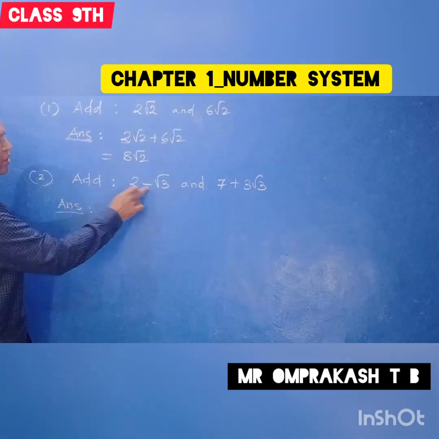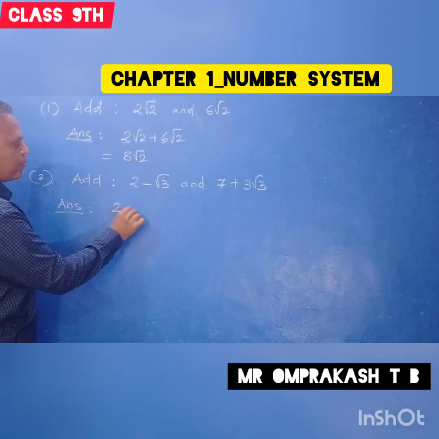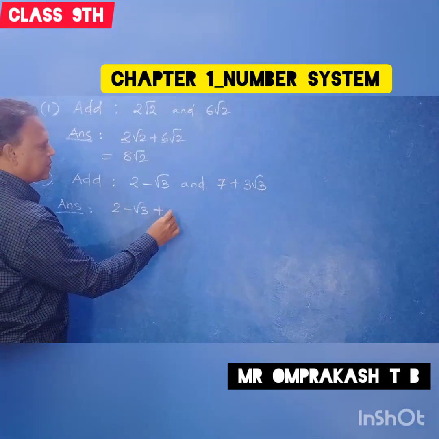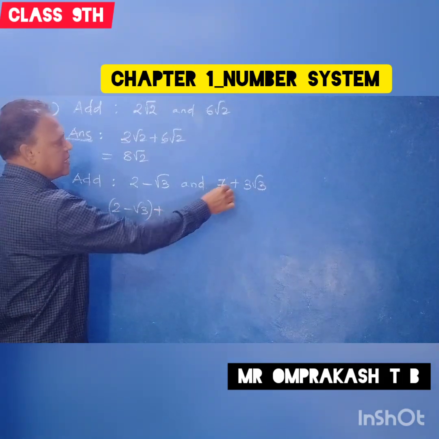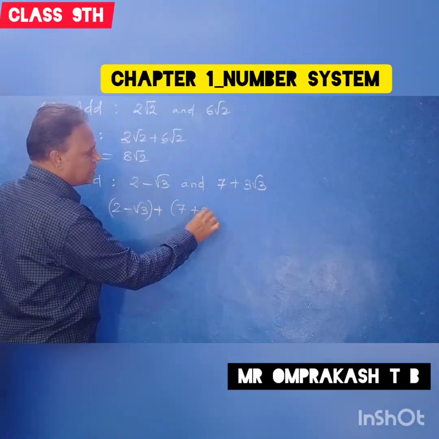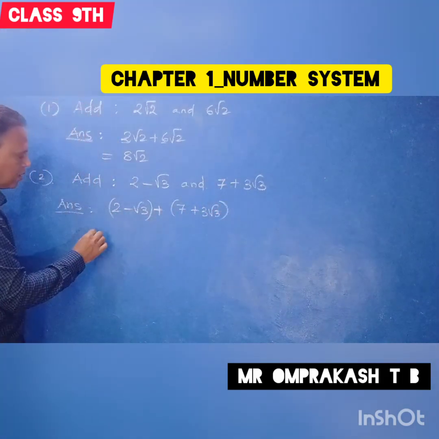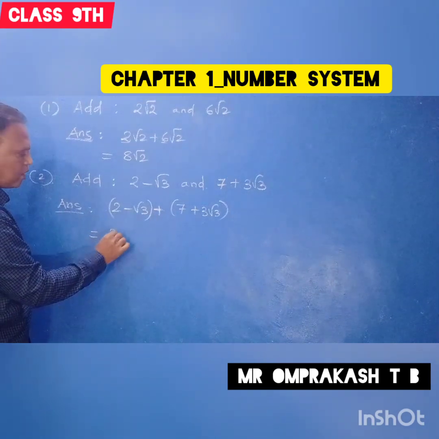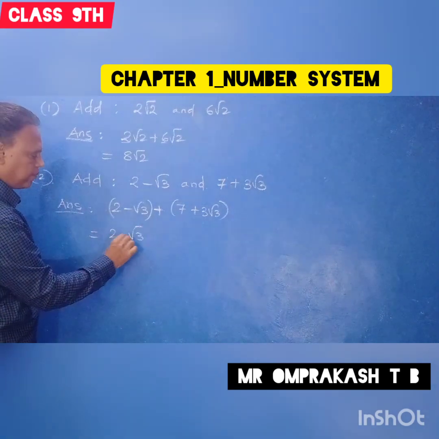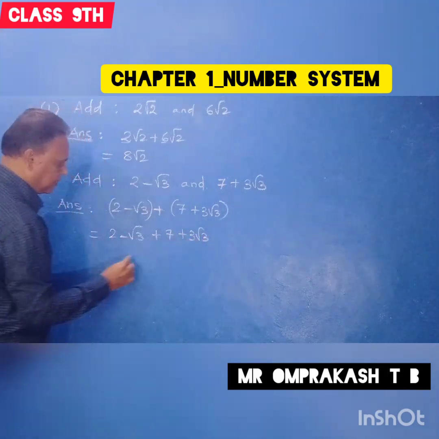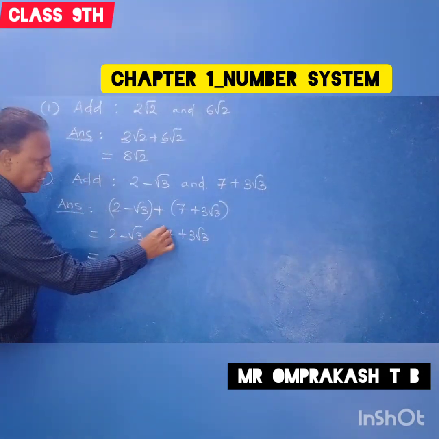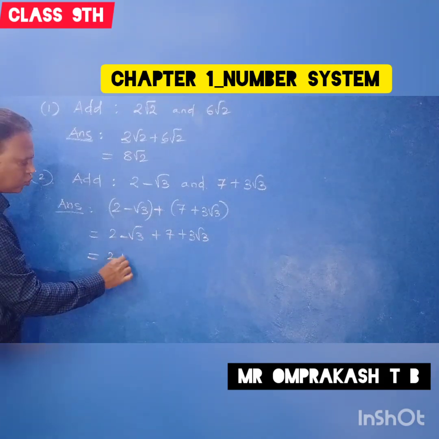You see, this number, the second one. So 2 minus root 3 plus, add means what? Plus. This is first number plus second number 7 plus 3 root 3. That is equal to 2 minus root 3 plus 7 plus 3 root 3. So first the integer numbers you group, that is 2 plus 7.